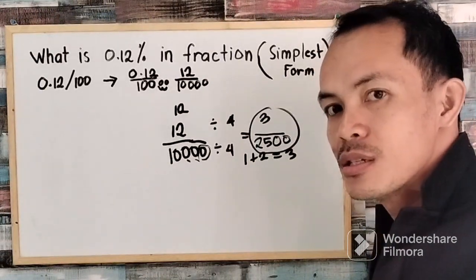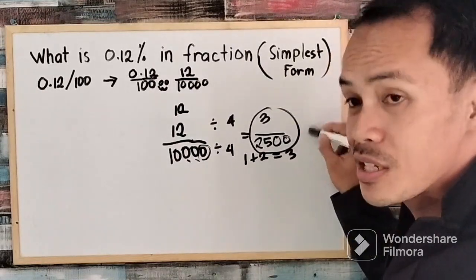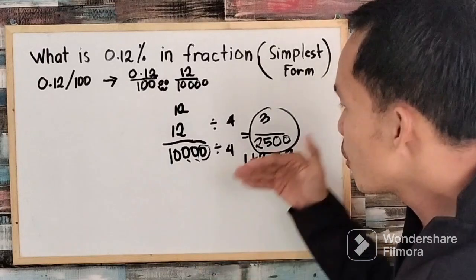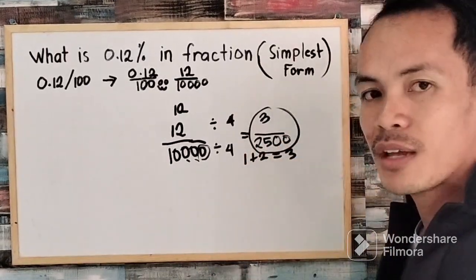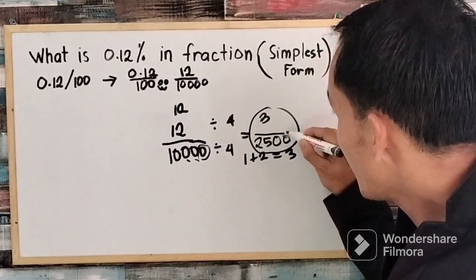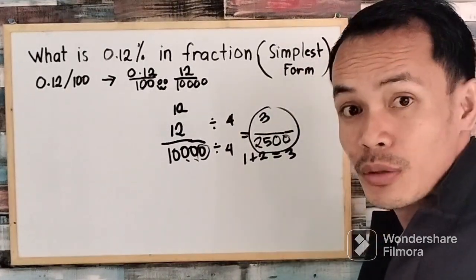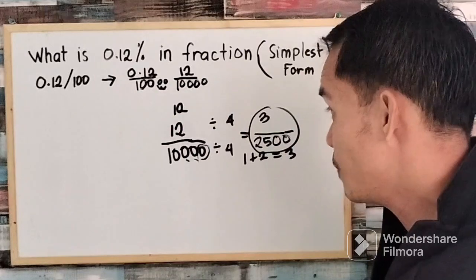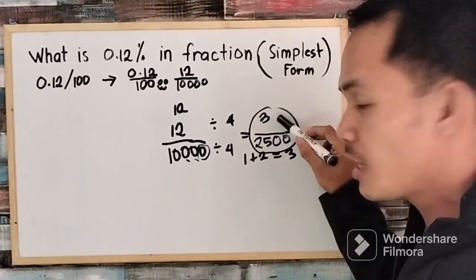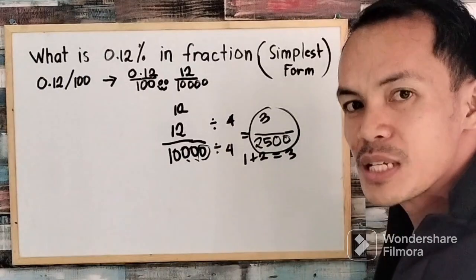But the question is, is it in simplest form? Okay, let us check. To know if 3 over 2,500 is in the simplest form, we have to use the divisibility rules. We will check if the answer is divisible by 2, divisible by 3, and so on. Now, are 3 and 2,500 divisible by 2?